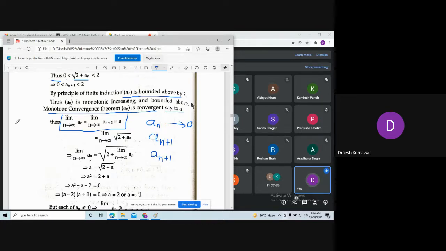That's why in that definition we say mod of an minus a is strictly less than epsilon, and this is true for all n which are bigger than or equal to n naught. This is our definition of convergence. It means that after some value of n naught, we are coming closer and closer towards this number a. That's why we conclude this sequence an converges to this number a.